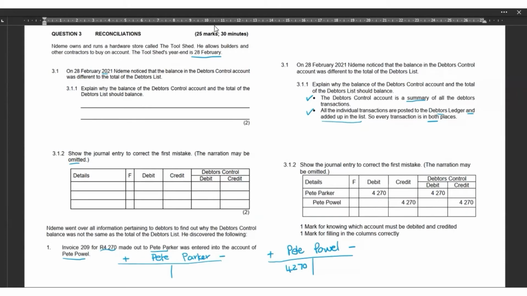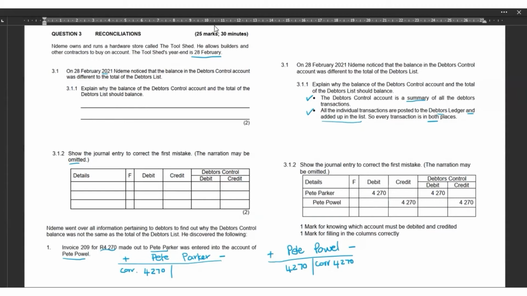So our correction is going to be to debit Parker's account and credit Powell's account. And there you go. I debit Pete Parker.